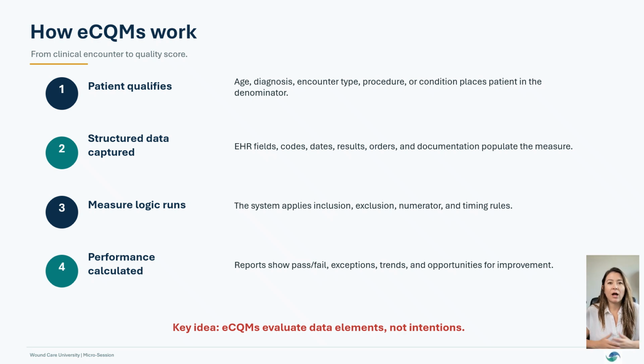Third, the measure logic runs. It determines whether the patient meets numerator criteria, whether exclusions apply, and whether timing requirements were met. Finally, performance is calculated. Reports may show whether the organization passed, missed, or had incomplete data for a measure.